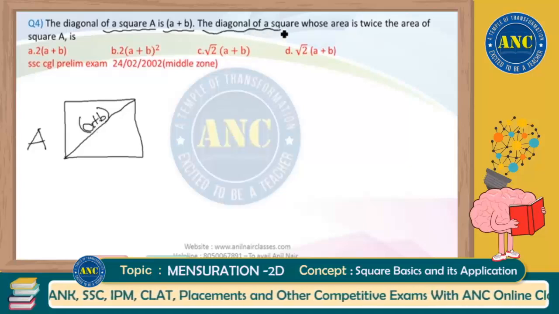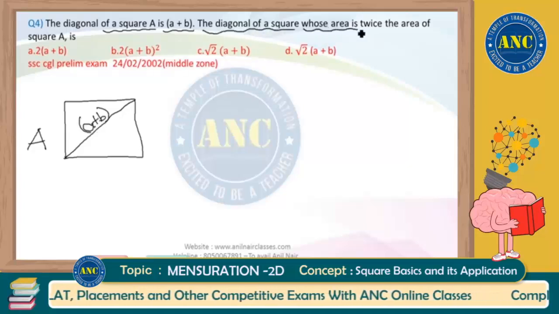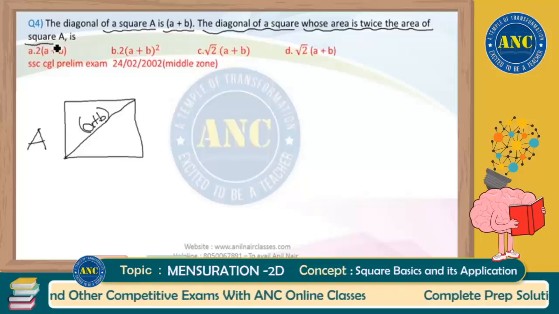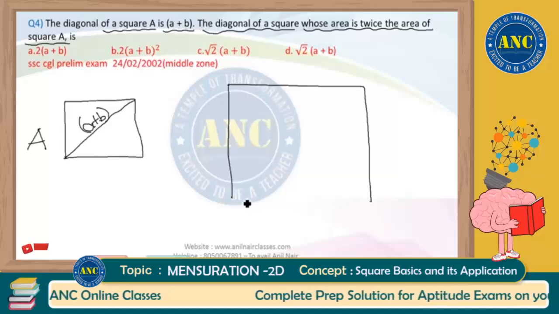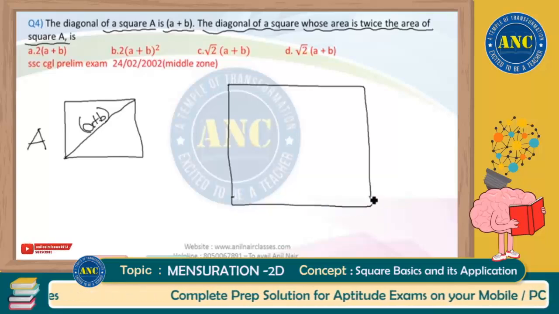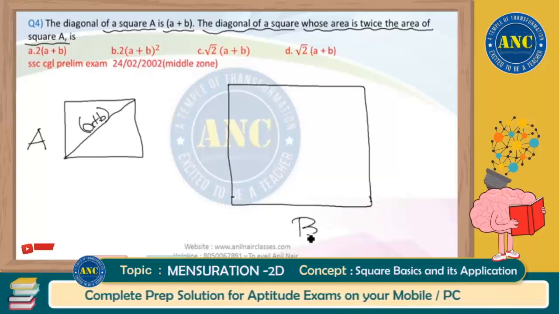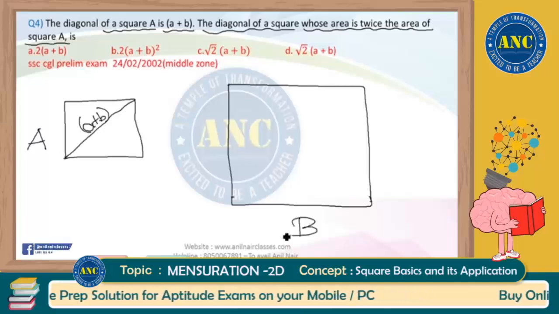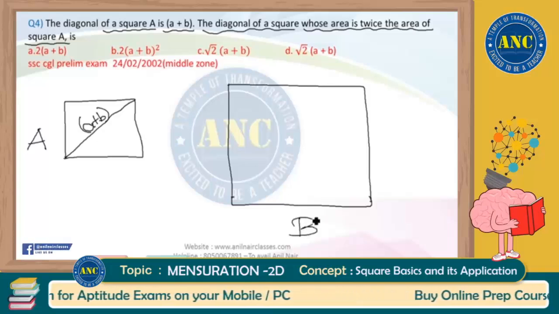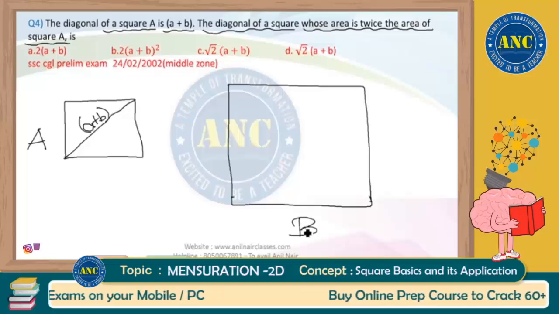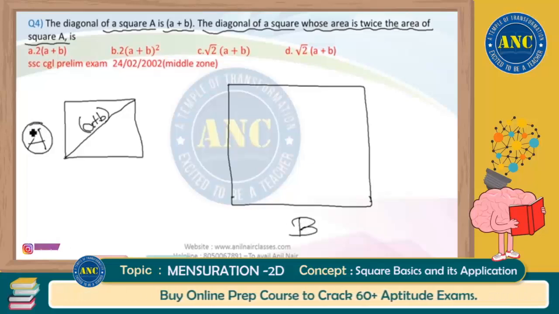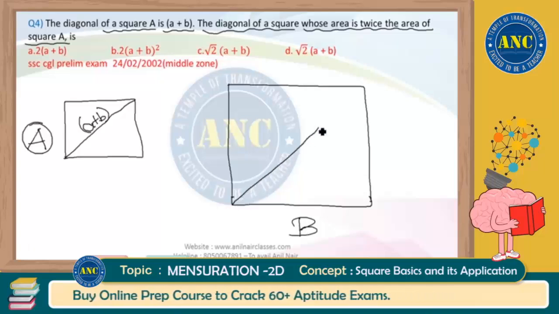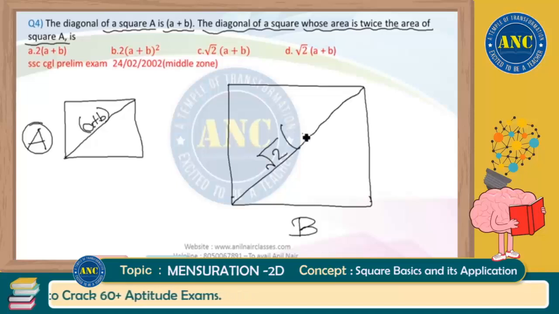The diagonal of a square whose area is twice the area of square A. That means there is another, bigger square; let me call the square itself B. Now this square B has double the area of square A. That means if the area is double, the diagonal will be root 2 times the old diagonal.